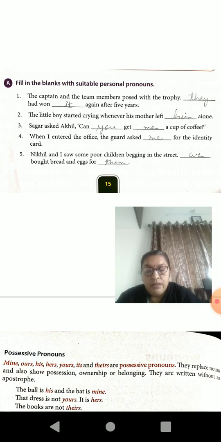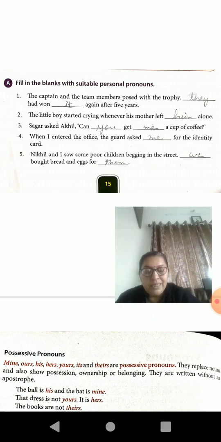First one, the captain and members posed with the trophy. Here it mentions captain and the team members. So we use pronoun they. They had won it again after 5 years. It, for we use a trophy. Understand no children?